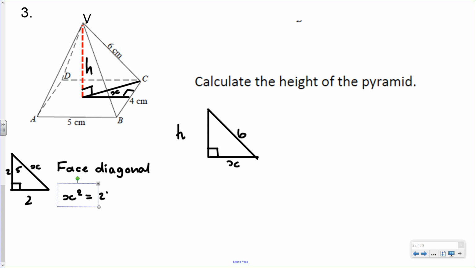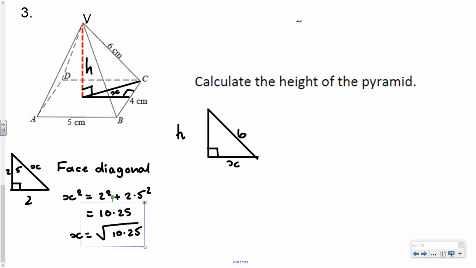We can see that 2 squared plus 2.5 squared is going to give me x squared. So this time that gives me 10.25, and therefore x is the square root of 10.25. And again, I'm going to leave that as an exact value.